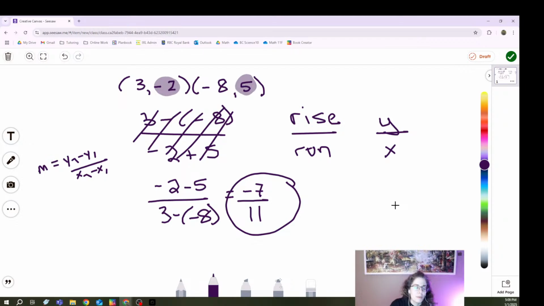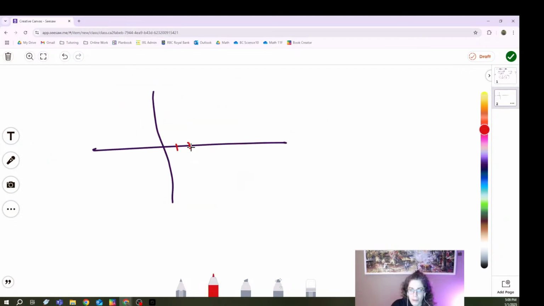If we had had a graph, let's take a look at a graph. Pretend my lines are straight, don't judge me. 1, 2. Let's put one there. And let's put one down here. Again, don't judge me about my lines because my lines kind of suck.